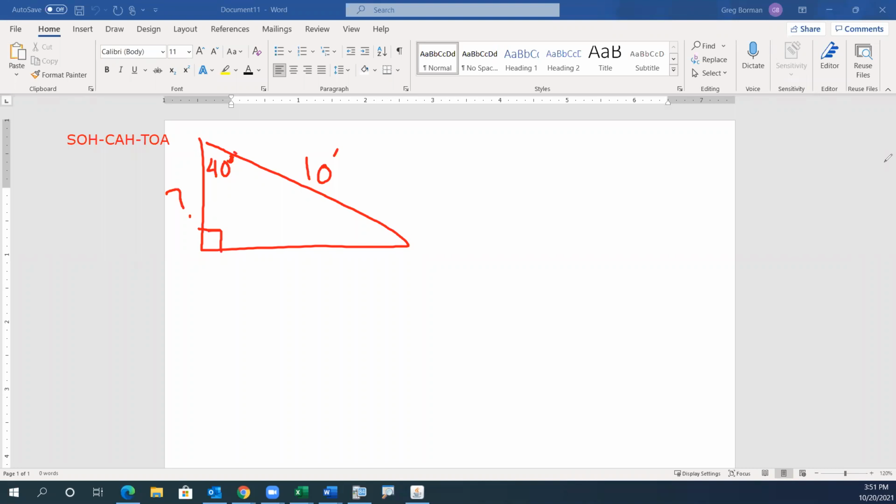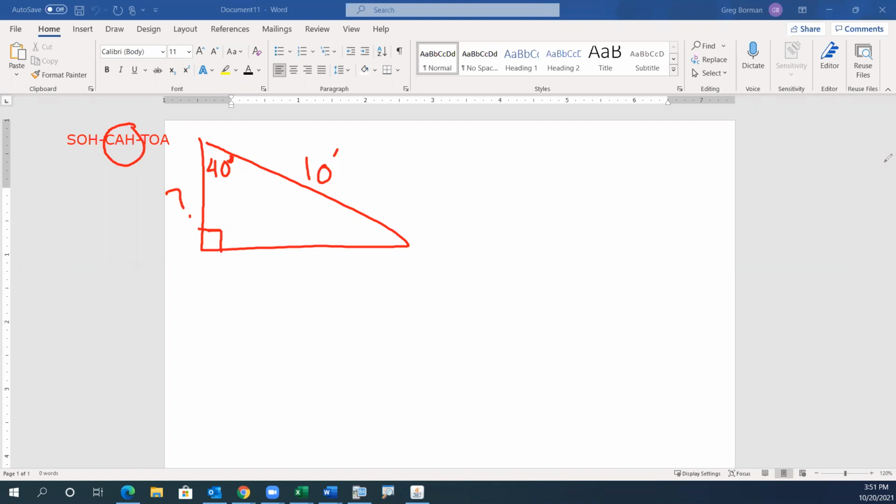So relative to this angle, I know the hypotenuse. So I'm looking for something involving hypotenuse, one of those two, because tangent doesn't involve hypotenuse. It's just opposite and adjacent. Okay, and the side that I'm looking for is not opposite the angle. It's the adjacent side. So this is my guy right here.